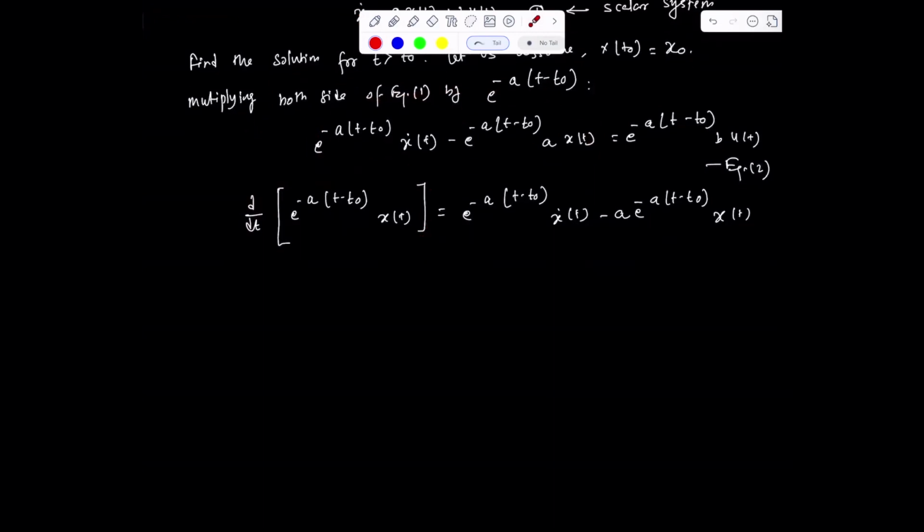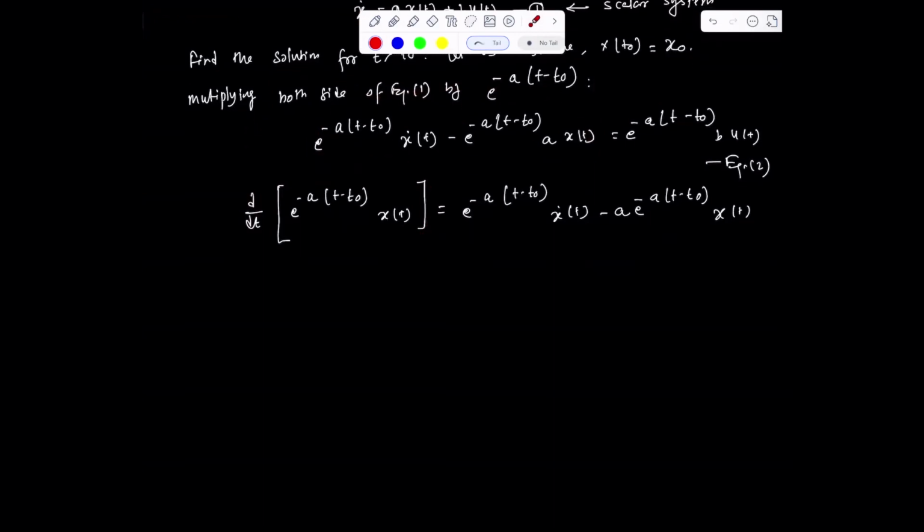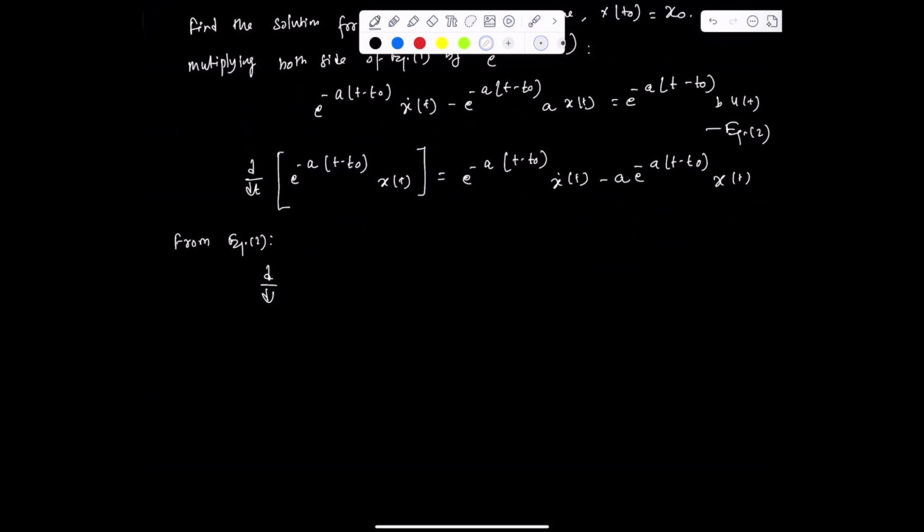So now from equation 2, we can write d by dt of e to the minus a (t minus t naught) x of t equal to e to the minus a (t minus t naught) b u of t.